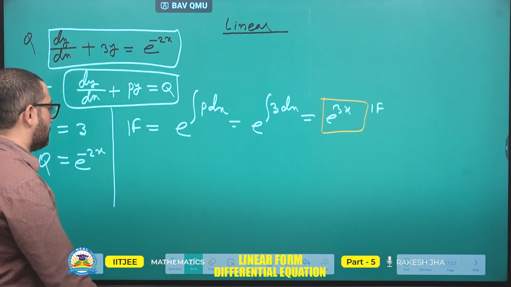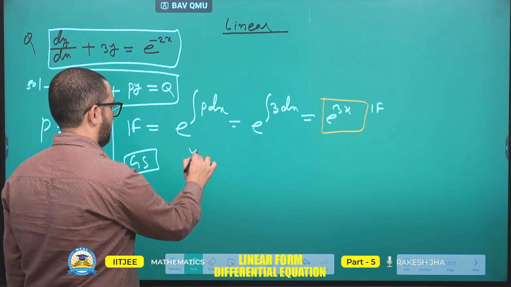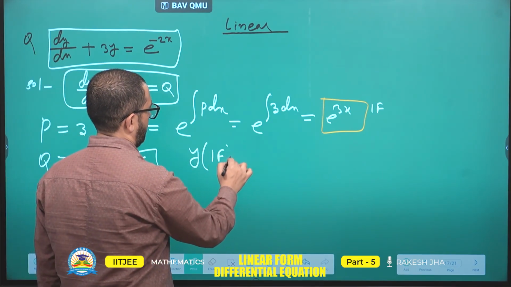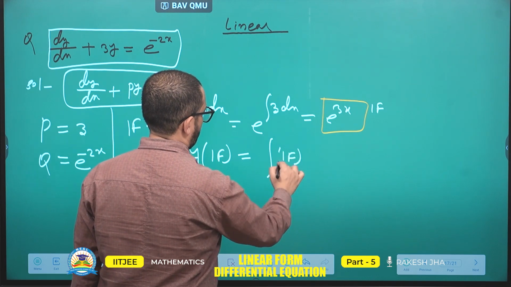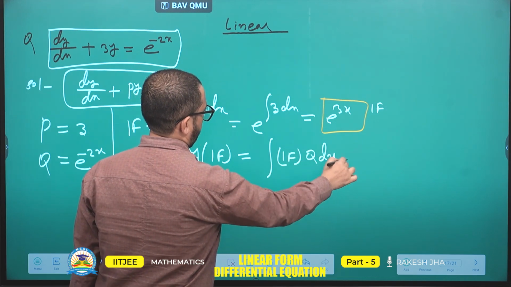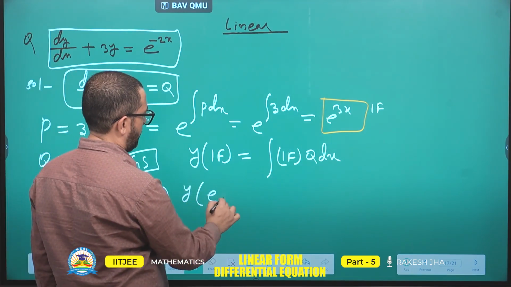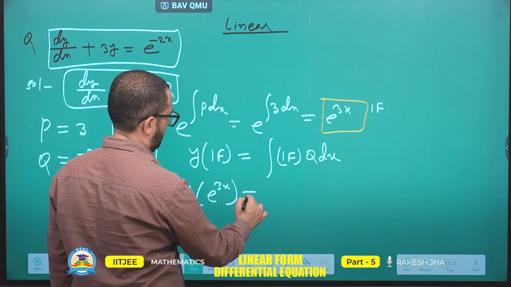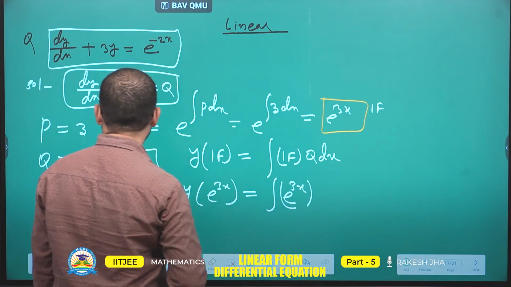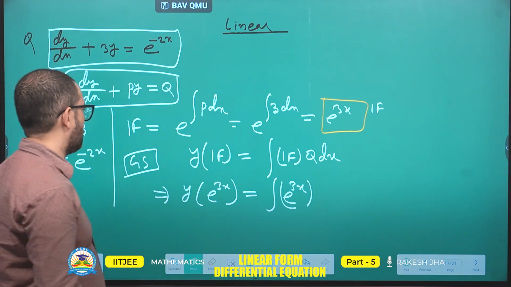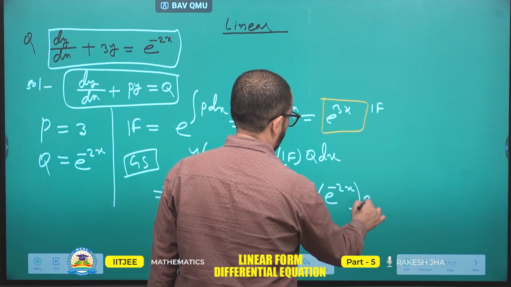Now we have to find the general solution of the given differential equation. So the formula is y times the integrating factor is equal to the integration of the integrating factor times q times dx. So that is y times e raised to the power 3x is equal to the integral of e raised to the power 3x times the q value, e raised to the power minus 2x, dx.